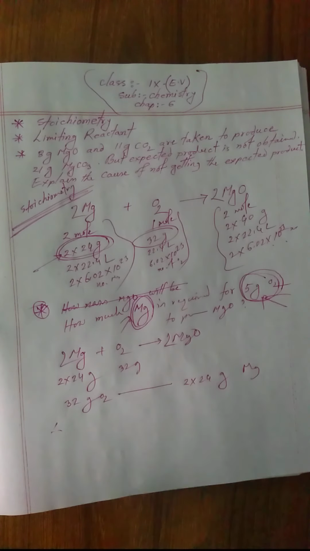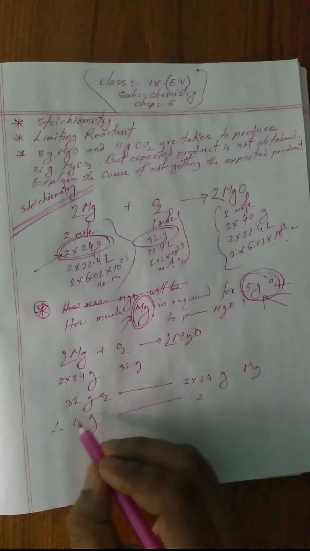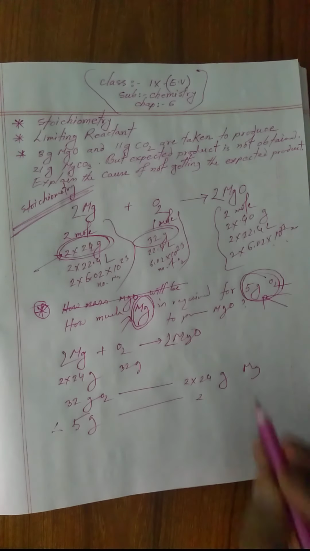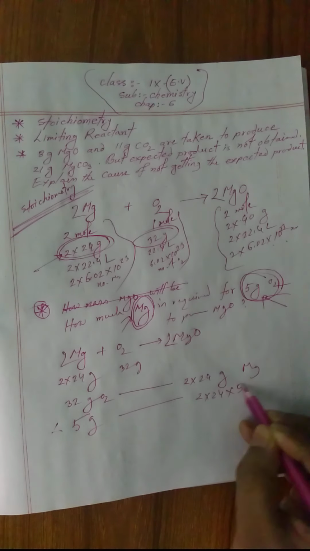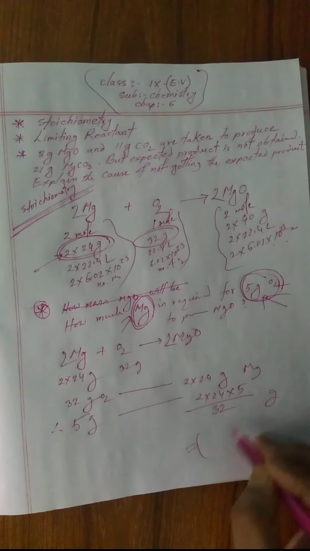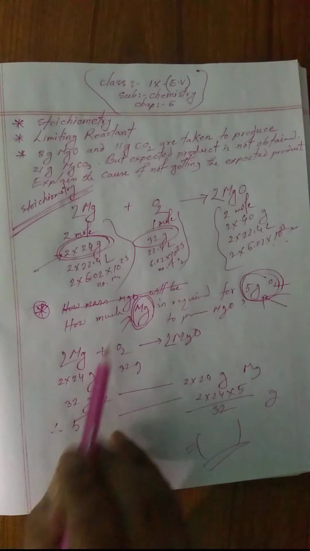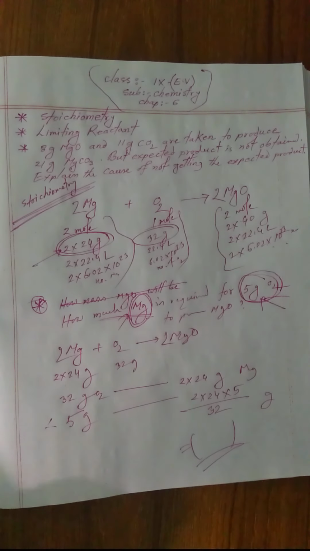So for 1 gram, and for 5 gram, 48 into 5 divided by 32. This amount will be the required amount of magnesium. So this topic is very important in chemistry.